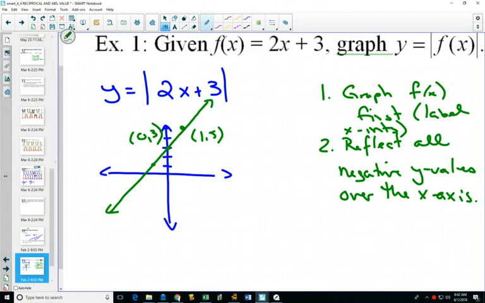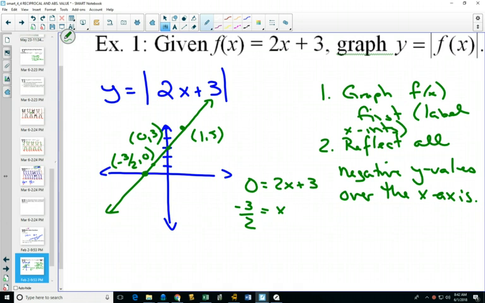There's our line. And in addition, I want to label my x-intercept. Algebraically, how do we find an x-intercept? We set y equal to 0. And so our x-intercept would be (-1.5, 0).